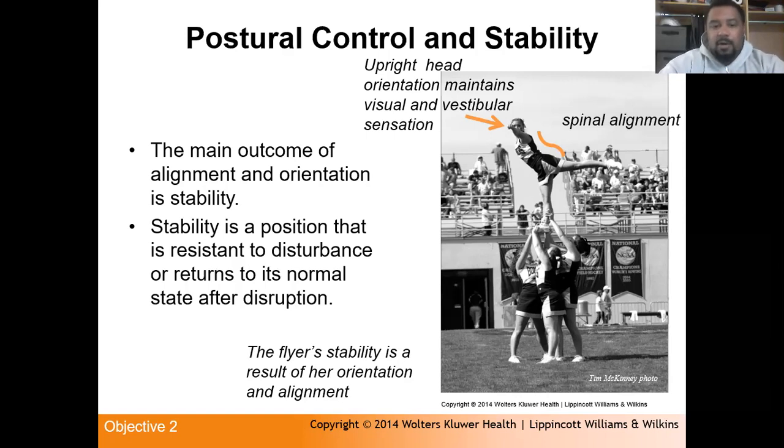Your body has to maintain a lot of disruptions and somehow balance all of that out. The whole outcome of posture control is just to remain stable and keep your body in a stable position to keep yourself safe.